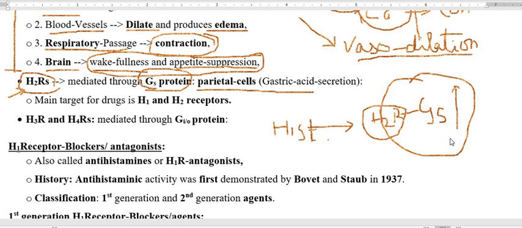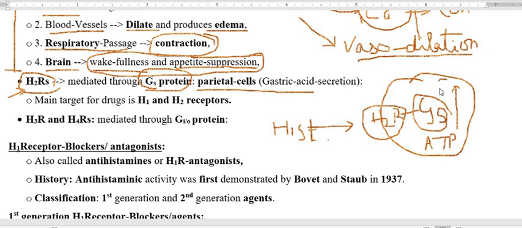So the adenyl cyclase enzyme gets activated because of the activation of Gs protein, and this adenyl cyclase is going to convert ATP into cyclic AMP.